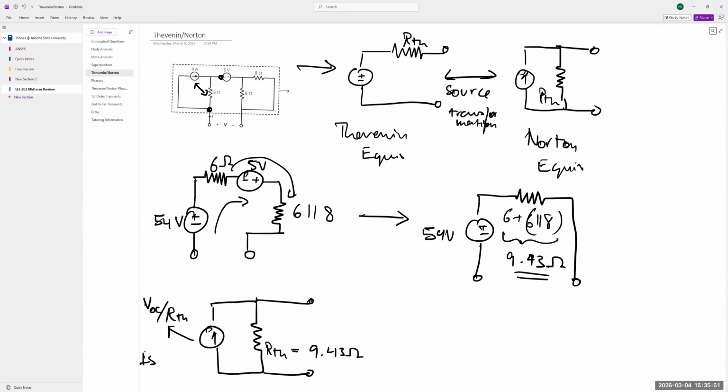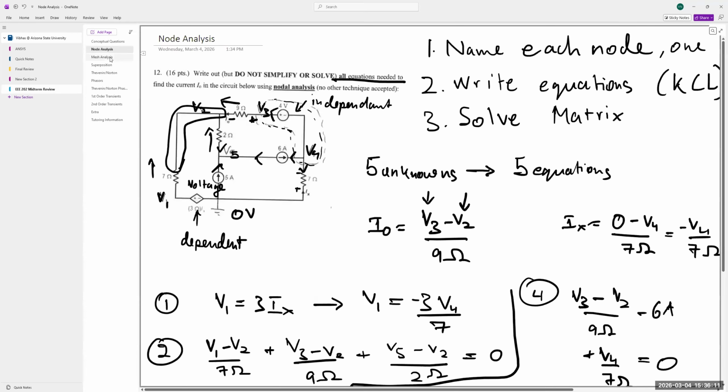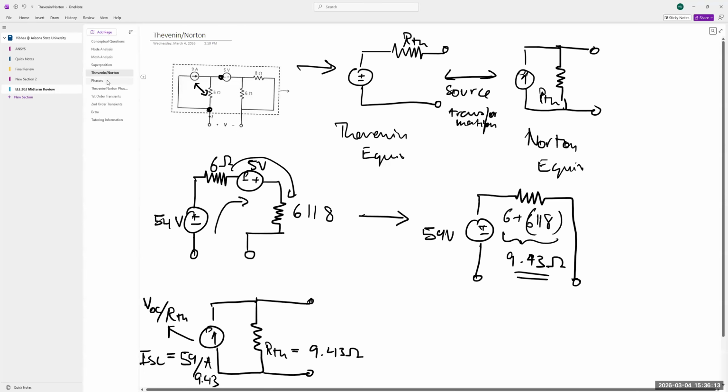So ISC is going to be equal to 59 over 9.43, whatever that is in amps. All right. Okay. This is what I expect you to know for your midterm. These are the major concepts.